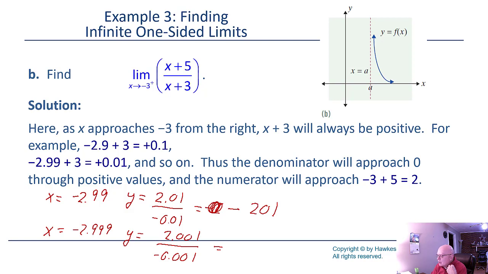What's that give you? Again, you get a negative number, but this time it's 2001. You might also try one step closer, just to see for sure what's going on. You get closer to negative 3 from the right. What do you get? Try that for yourself.